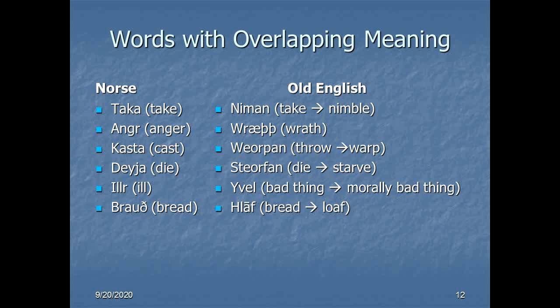And I guess, as I've talked about all of the words here except kasta and werpan, we may as well address those as well. Kast, of course, meaning to throw, to cast. And werpan, which becomes warp, that's kind of a poetic transformation. Because for warp, we mean bend, don't we? Like if a piece of wood is warped, it's bent.